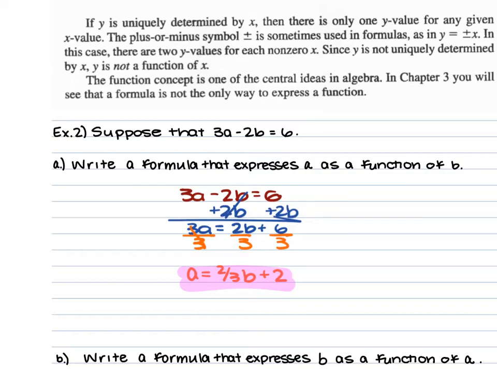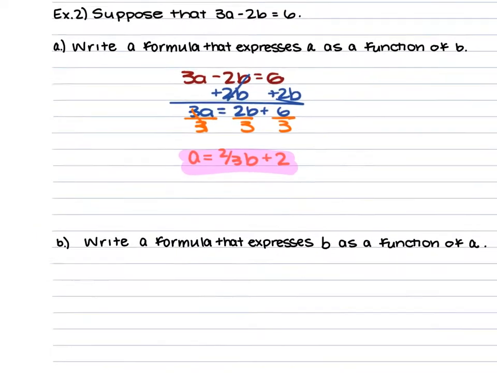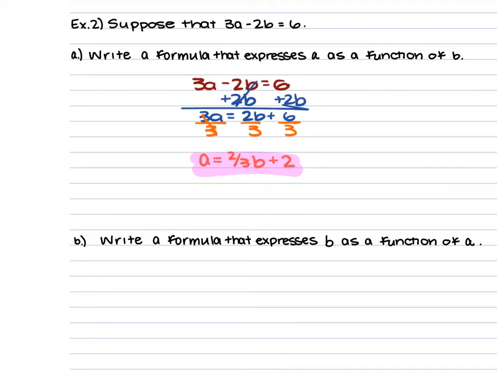For b, we're writing a formula that expresses b as a function of a. So we're going to take that 3a minus 2b is equal to 6, and now we're just going to solve for b. So I'm going to subtract that 3a from each side.